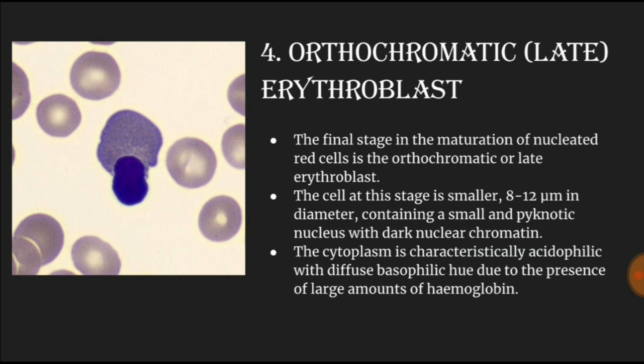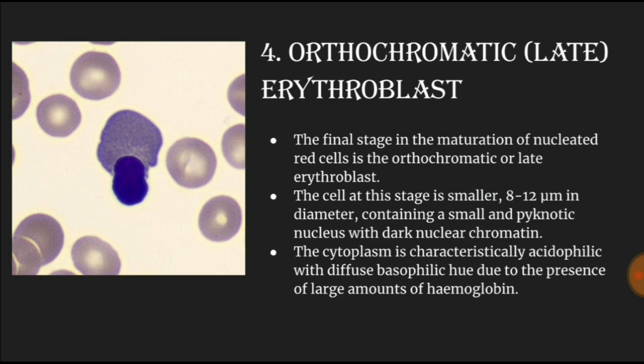So this is around 8 to 12 micrometer in diameter and consists of a small pycnotic nucleus. Pycnotic is a nucleus which does not contain RNA, which has a dark nuclear chromatin. So you can observe there is a chromatin which is dark in color, and the nucleus is also dark.